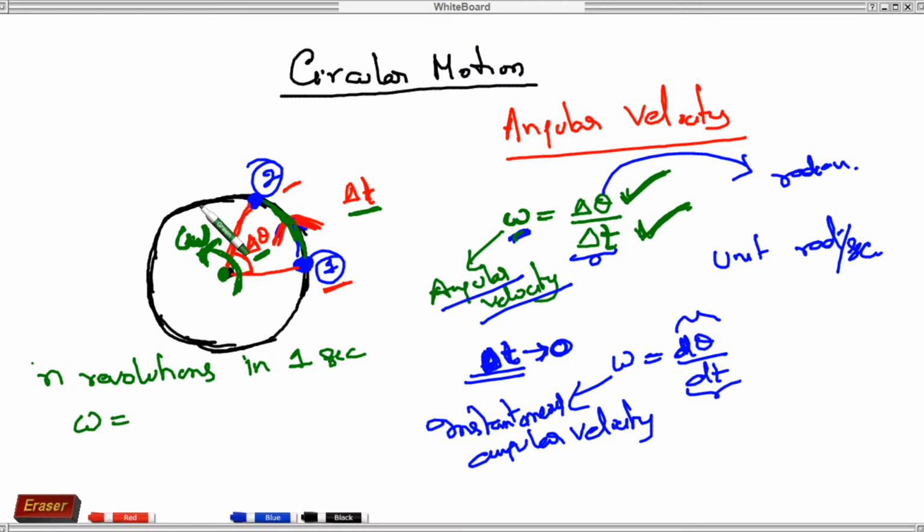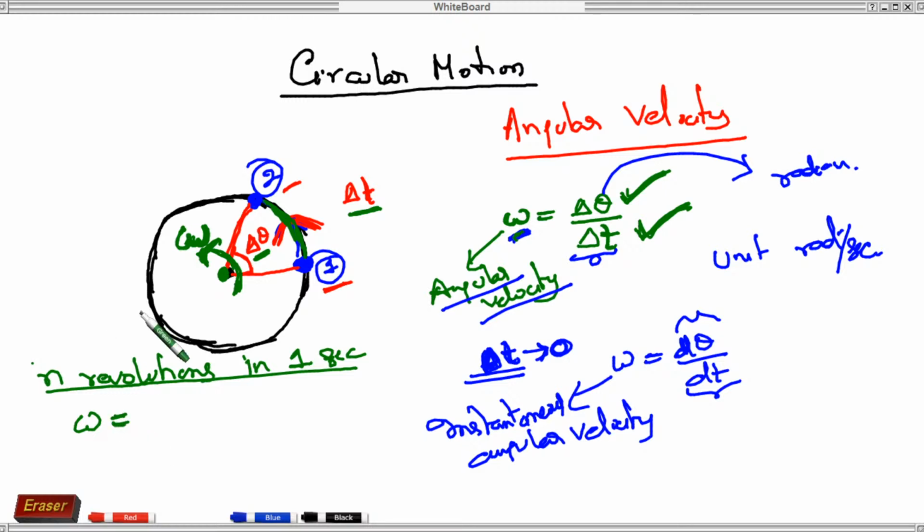As we know, the circumference of this is 2 pi r. So suppose it makes n revolutions in 1 second, what would be the omega?